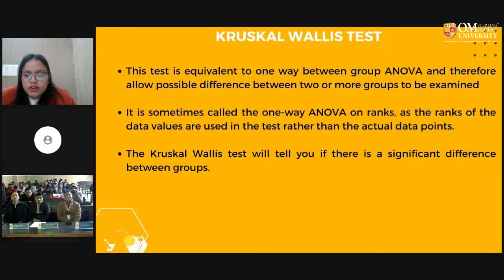If you are using SPSS for data analysis, it will convert your data into ranks, and then the whole basis will be the rank system. In the Kruskal-Wallis test, you will form a hypothesis about whether there is any significant difference between the various groups included in the study.